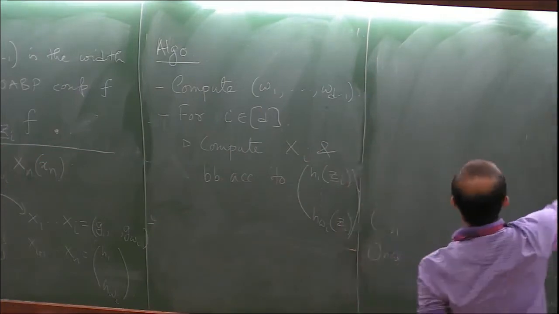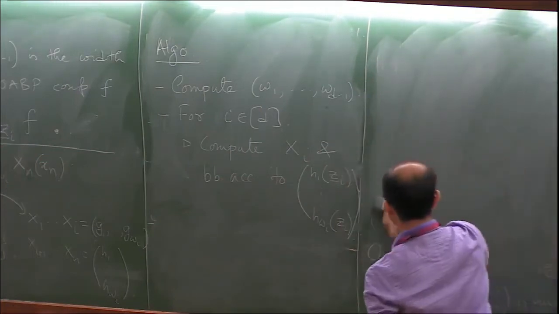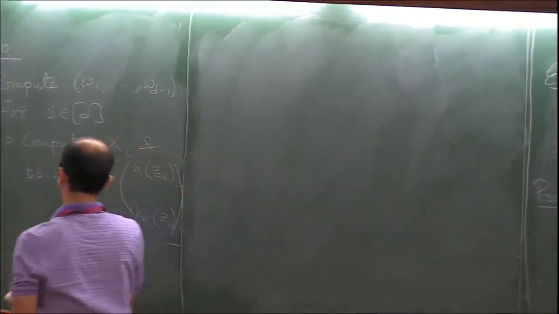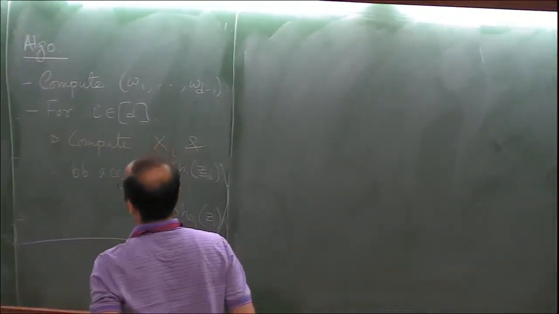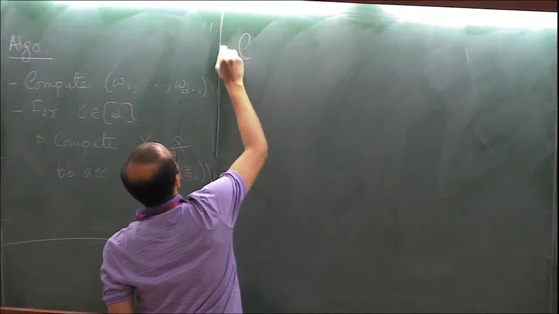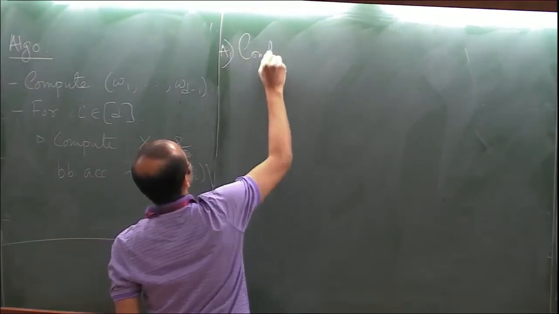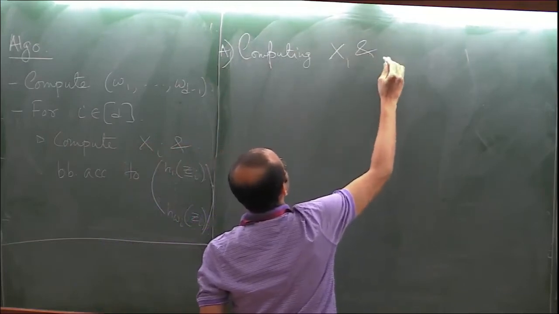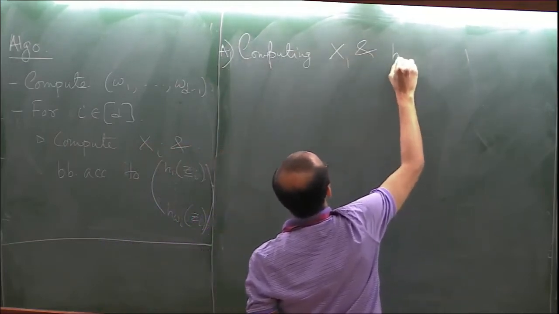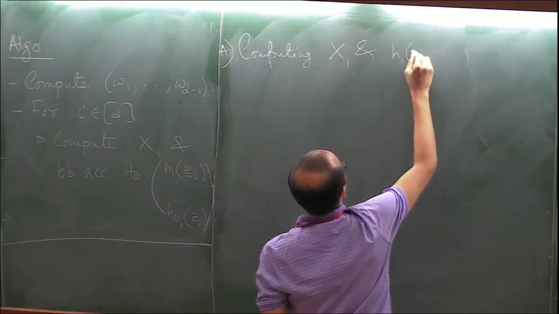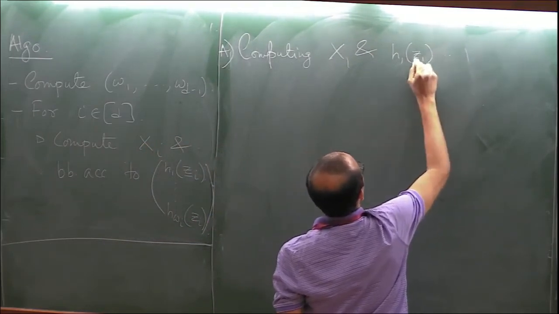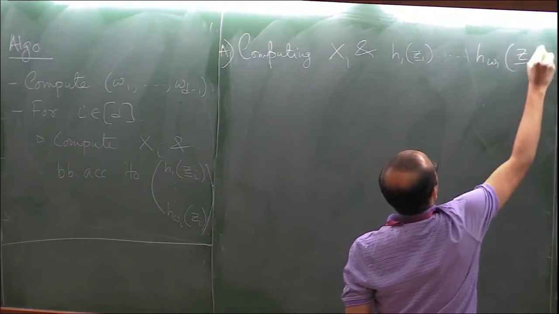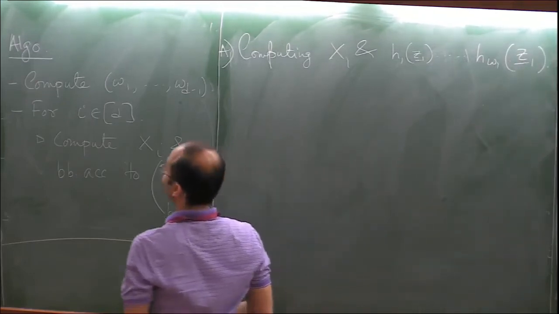This is easy from proposition 3. Computing, let's say, x_1, just the first matrix and the first frontier, h_1 through h_{w_1}. This is pretty easy.